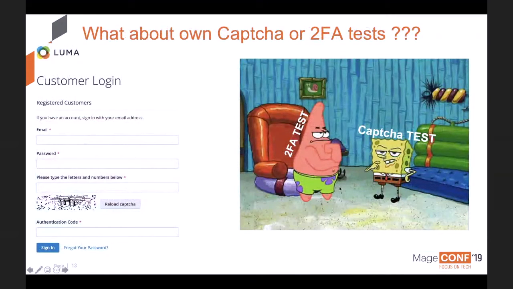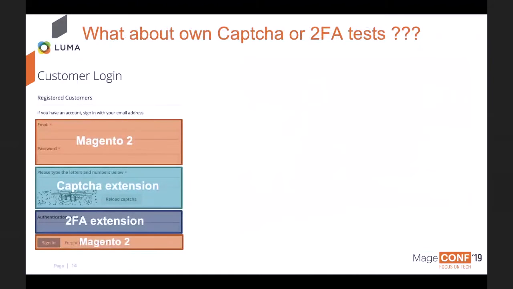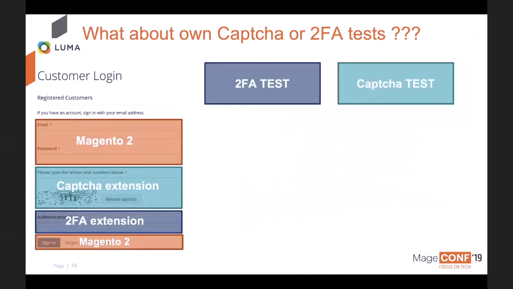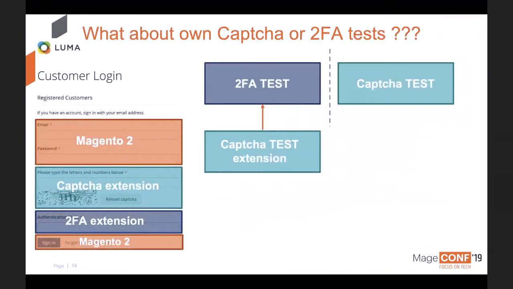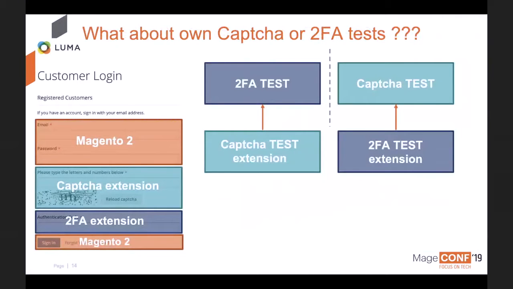Coming back to our form, we can have a 2FA test and a CAPTCHA test. They don't know about each other. The CAPTCHA test extension can extend the 2FA test and the 2FA test extension can extend the CAPTCHA test, but at the same point of time we break the idea that these tests do not know about each other. These two extensions start to be dependent on each other because without each other, those test extensions will fail. They will not know where they should be put.